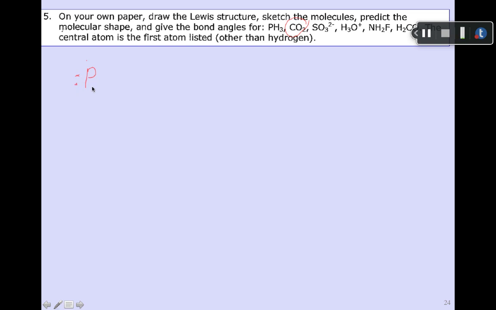And we had phosphorus with its 5 valence electrons and then 3 more for each of the hydrogens, which results in 3 single bonds and 1 lone pair. And when you have 3 single bonds and 1 lone pair, that gives you 4 electron domains total. And one of them is obviously not a bond to an atom, and so there's 1 lone pair.